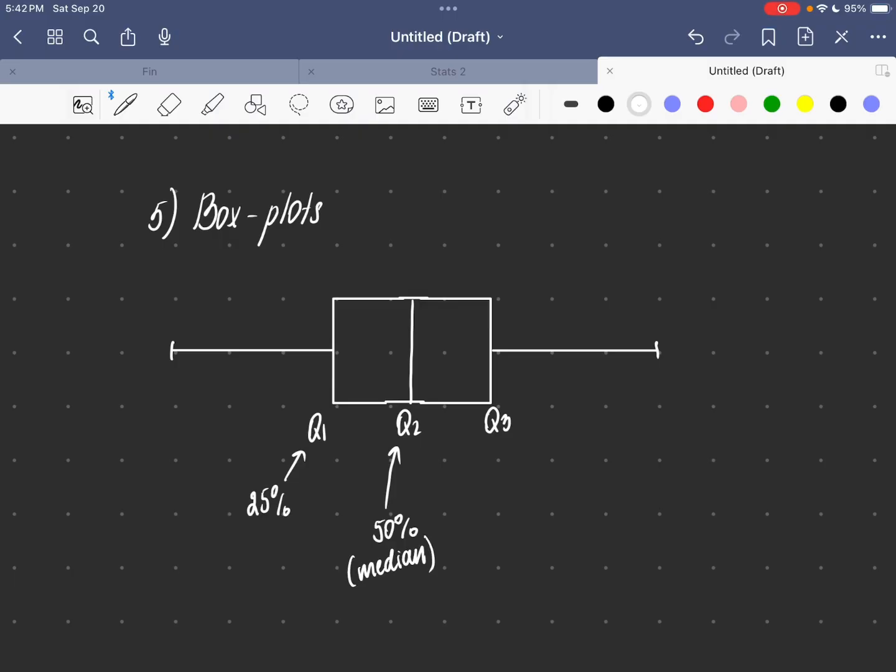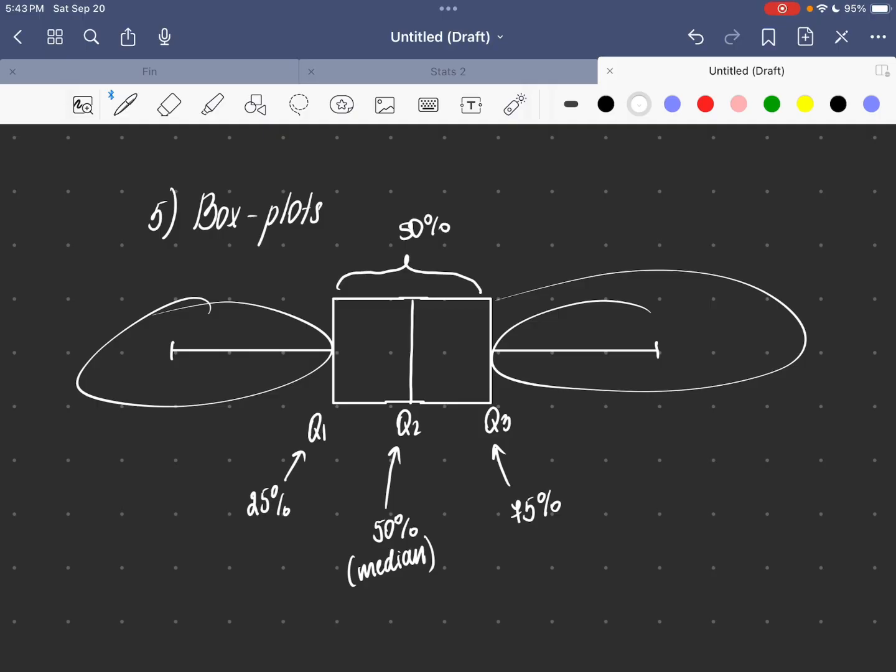So this line right here showcases us the median. And then quartile 3, as you might have guessed, is 75%. So in this box, we have 50% of our data, and everything else is located in those areas.